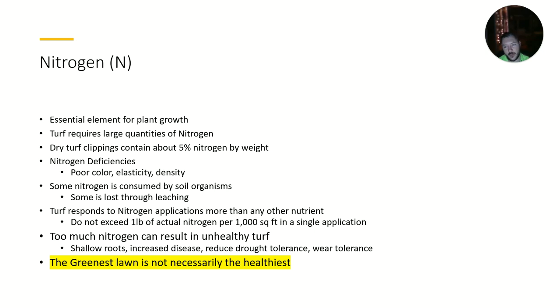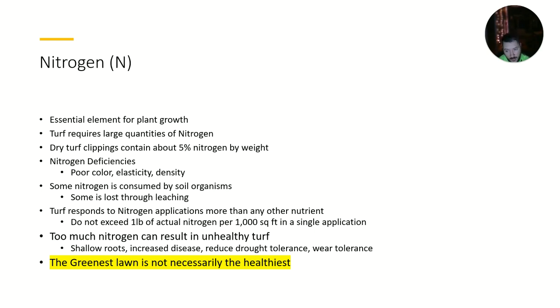Nitrogen deficiencies are generally a poor color, poor elasticity in the leaf blades, and density of the turf. Some nitrogen is consumed by soil organisms, and then some is lost through leaching. So all the nitrogen that you throw down might not necessarily make it to the plants. It's got to go through some other channels first.